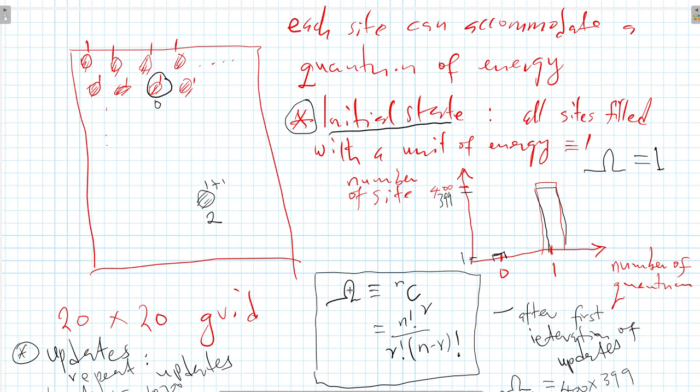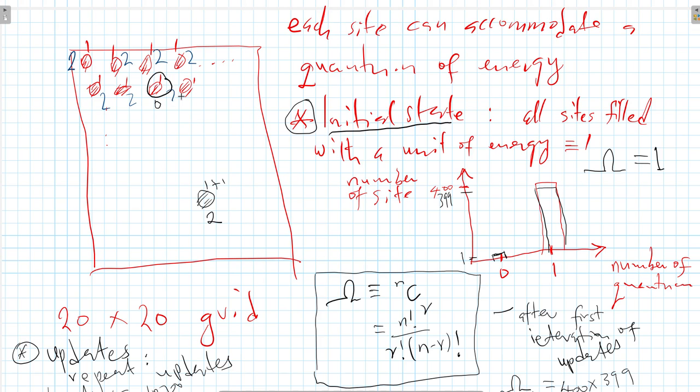In a way, one can simulate temperature in this way, temperature or energy. The higher the energy, the higher the temperature is. We can increase the energy of the system by assuming that initially, instead of having one quantum on each site, we have, let's say, 2 quanta on each site initially.